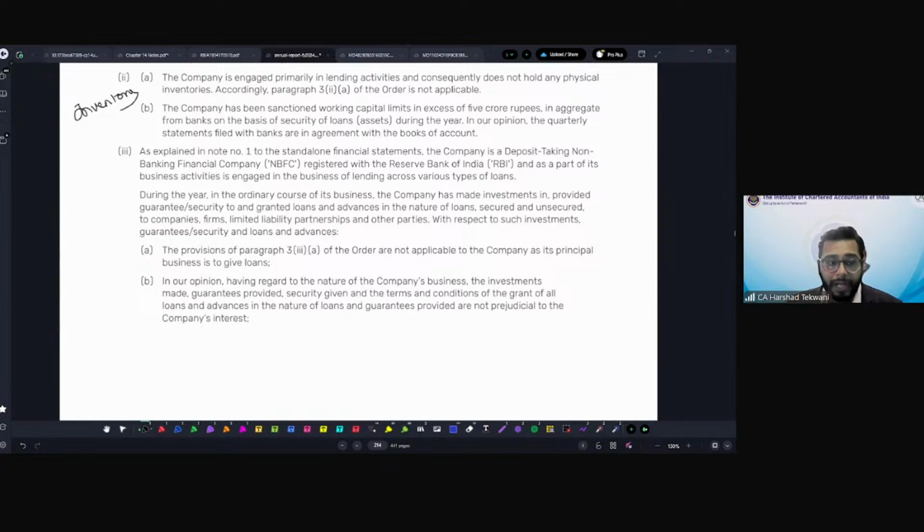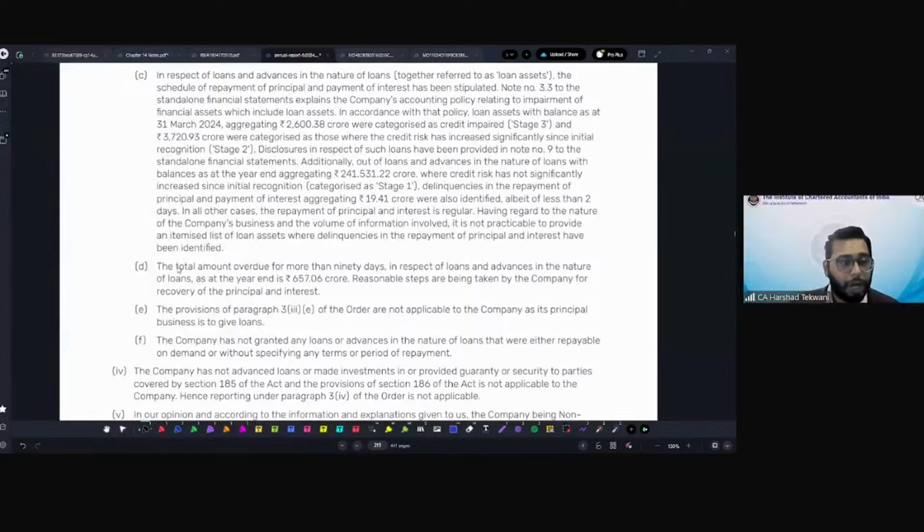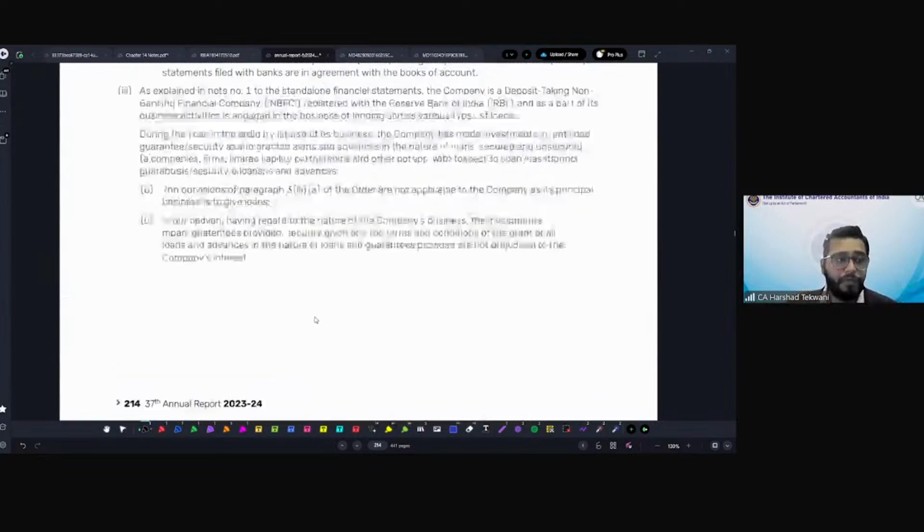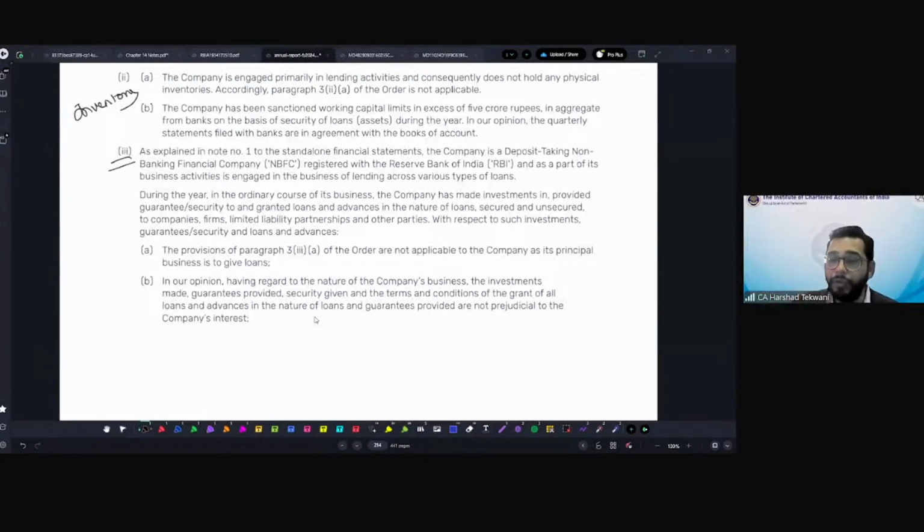What was the amount provided? Is there any overdue on the amount? For example, here the total amount overdue for more than 90 days, reasonable steps. Remember that we discussed this in the session on CARO, so this para becomes very important when it comes to the NBFC.